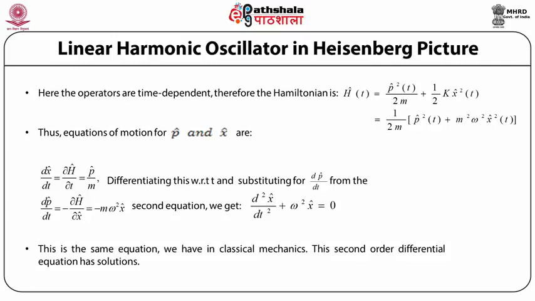And this is the same equation that we have in classical mechanics for defining the equation of motion of the linear harmonic oscillator. This second order differential equation can then be solved and can give us the following solutions.